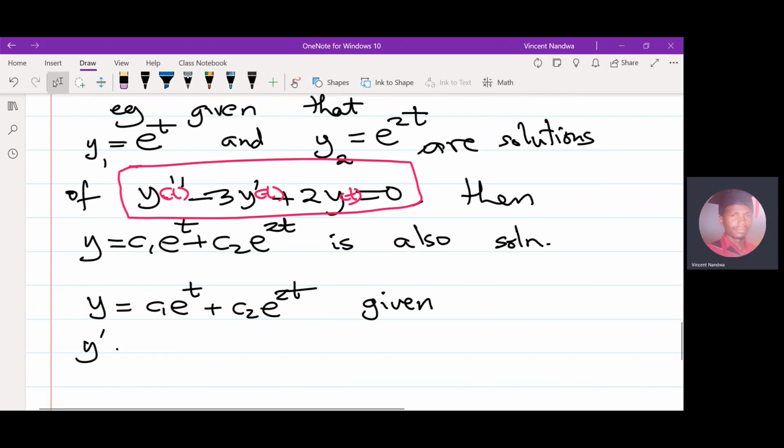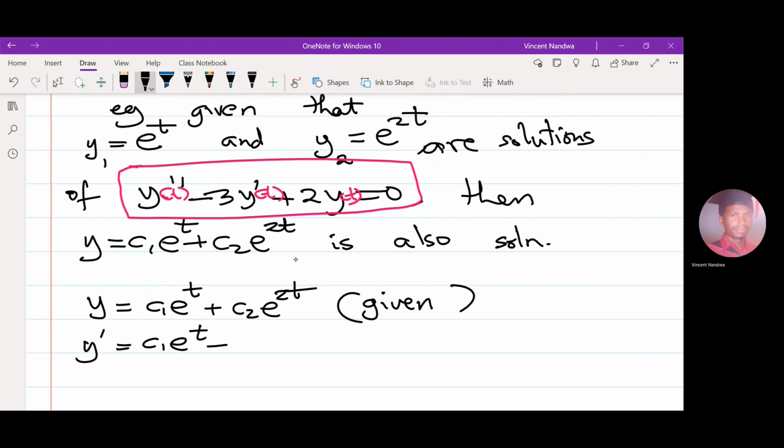So y prime will be c1 e power t plus 2 c2 e power 2t.